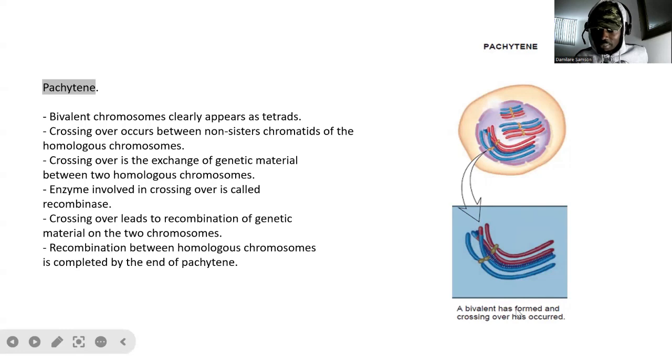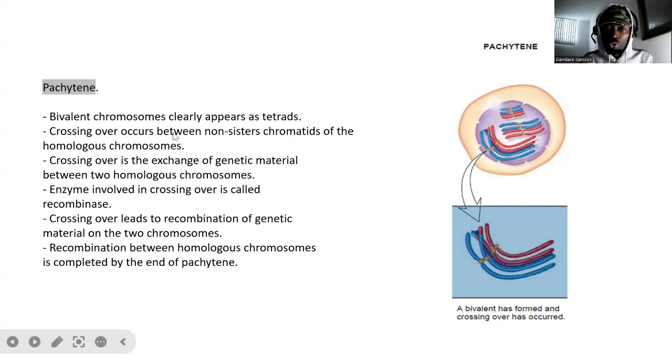Now, a bivalent has formed and crossing over has occurred. So let's go through this so you'll be able to understand what I just finished explaining. Bivalent chromosomes, remember, we call it a tetrad, clearly appears as a tetrad. 1, 2, 3, 4. They've now come together, tetrad.